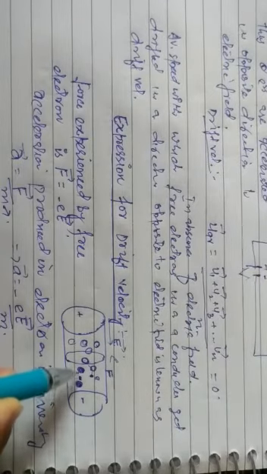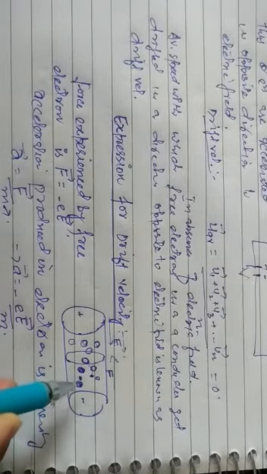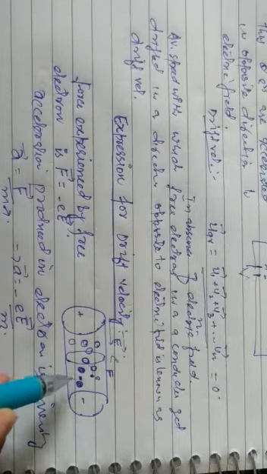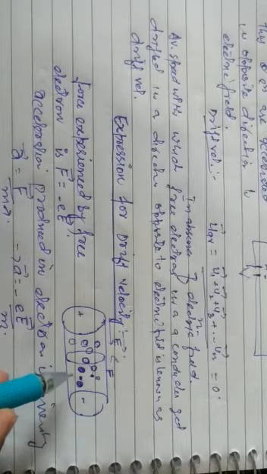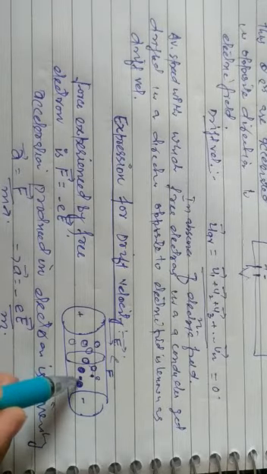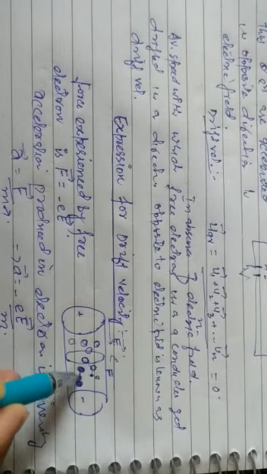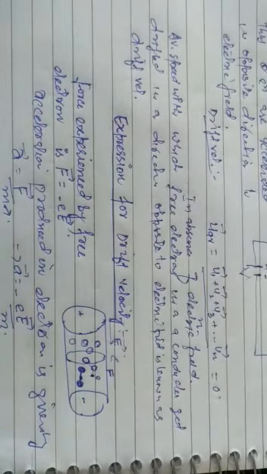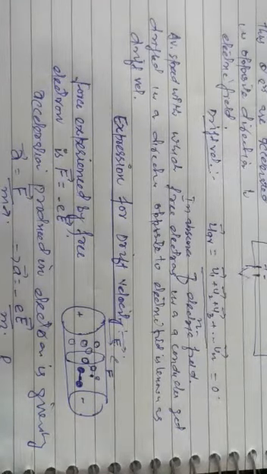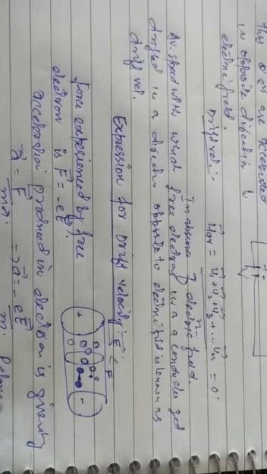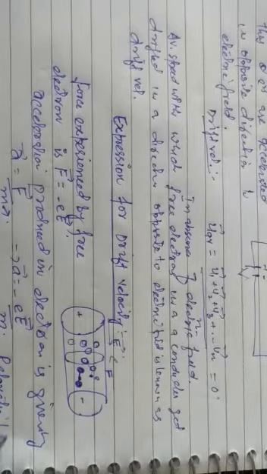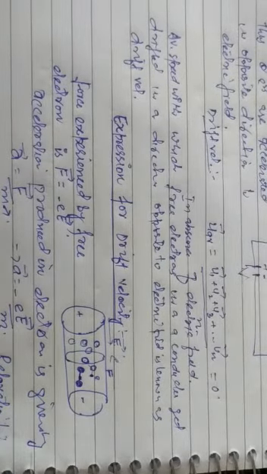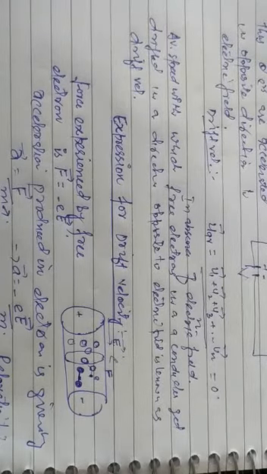The time between two successive collisions is called the relaxation time, or it is also called the mean free time.